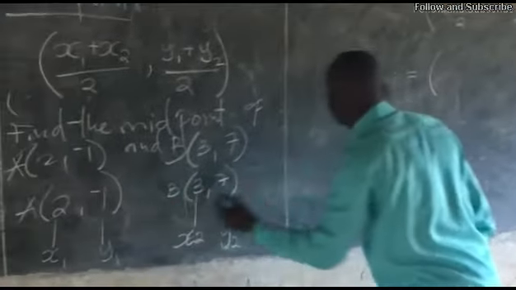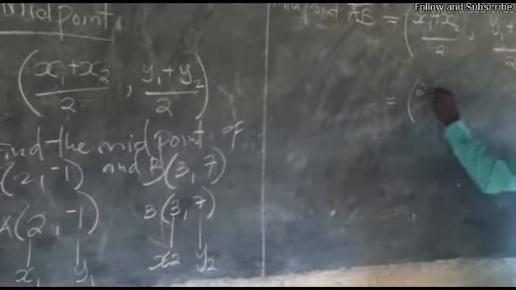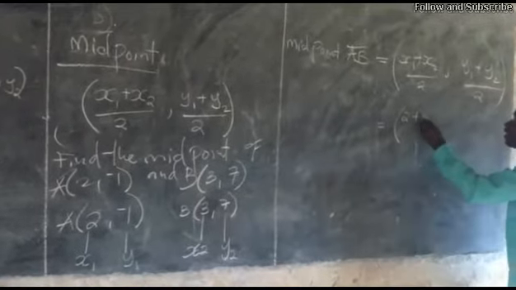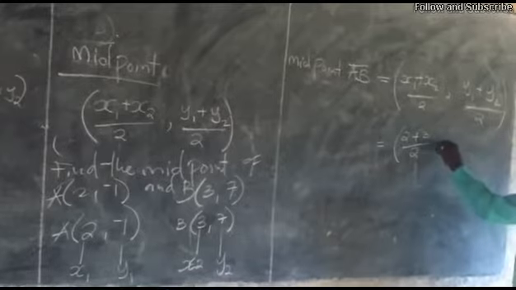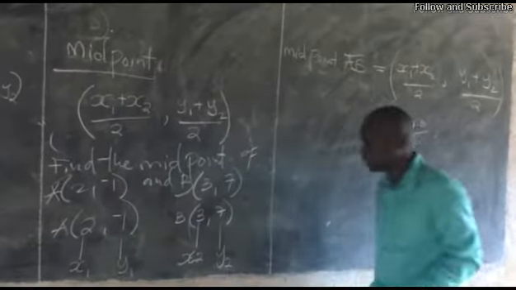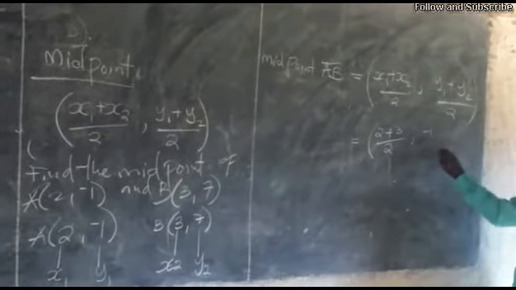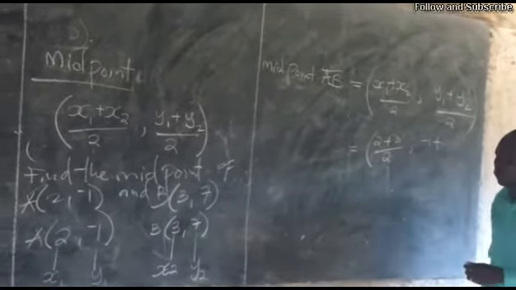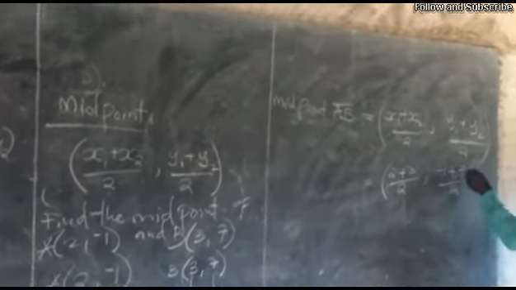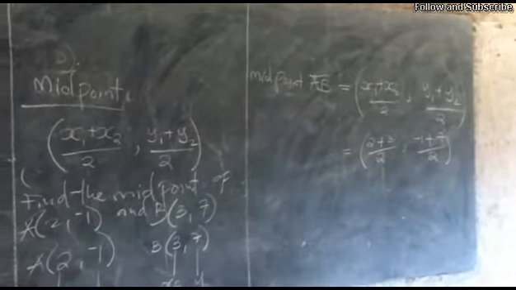Our x1 value is a 2. So put here a 2 plus, then come to this, our x2 value is a 3. Then also divide by 2, a comma. Go to the y components. Our y1 value is a -1, which is going to be -1. Then plus our y2 value, which is a 7, then divided by 2, because we are looking for a midpoint.